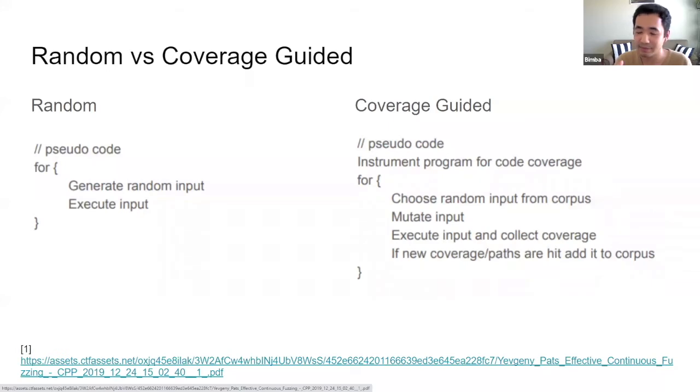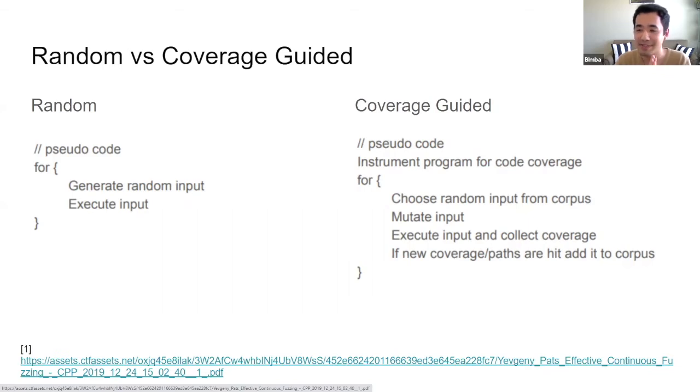So say you execute this mutated input and record how much code coverage you had. This is just one metric, but if new code paths were discovered in this execution, then you could consider this a good data point, and you could add it back into your corpus, and then this would just keep going. There's also other stuff you can do, but improving code coverage is a good metric.